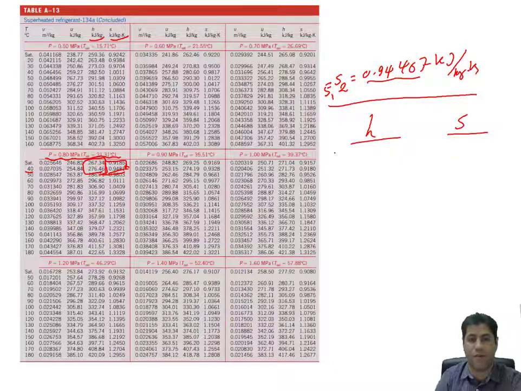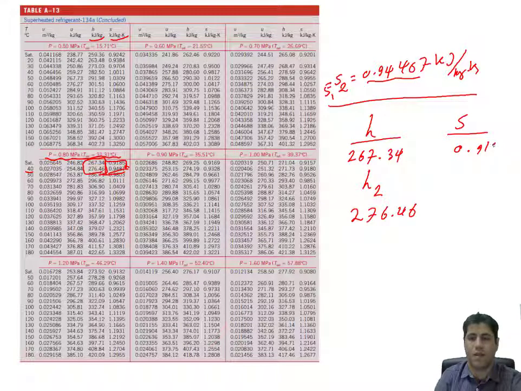The enthalpy which we have is 267.34, and the enthalpy here. As for entropy, we have 0.9185, we have S2 here, 0.94467, and we also have the entropy for this state, which is 0.9481.